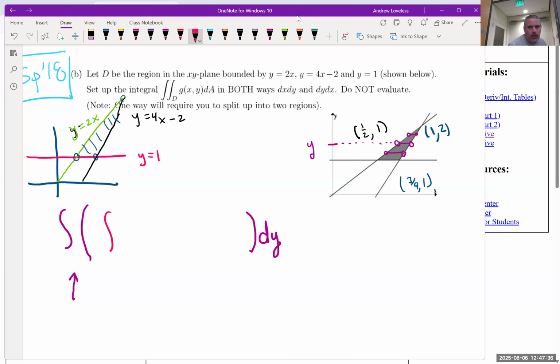And then based off of that, what are the patterns for x and y?